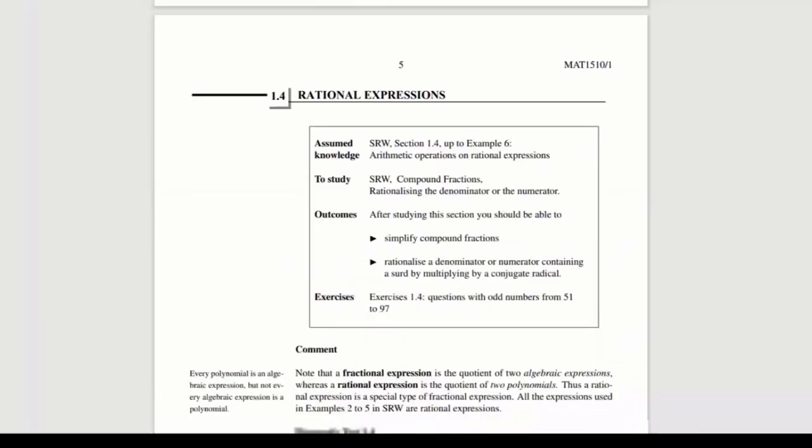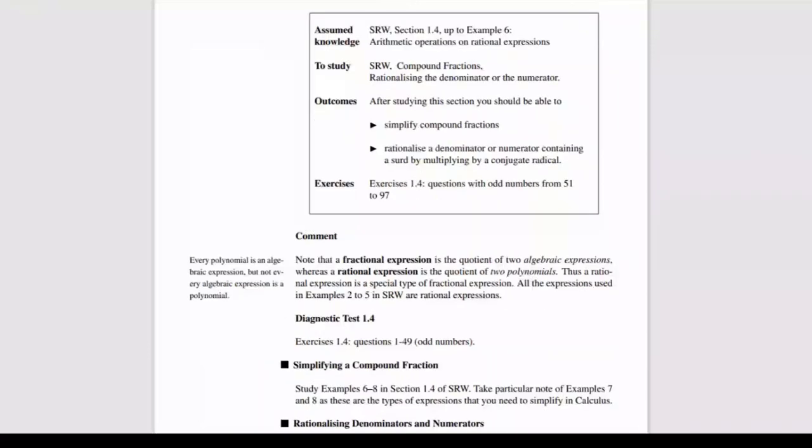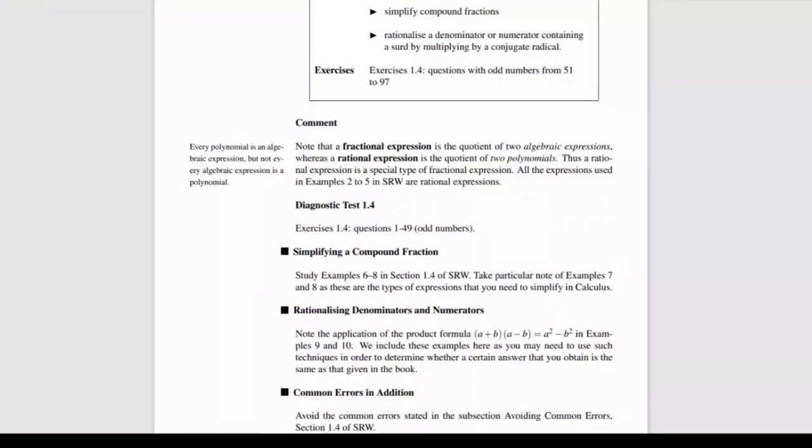So then there's the notion of rational expressions. Can anyone tell me what's a rational number here, guys? Because some of you have already gone far beyond chapter 1, I know. Can anyone venture maybe an answer to the question, what is a rational number?